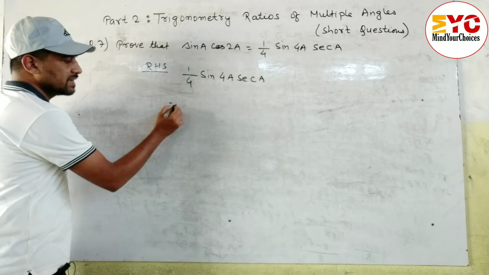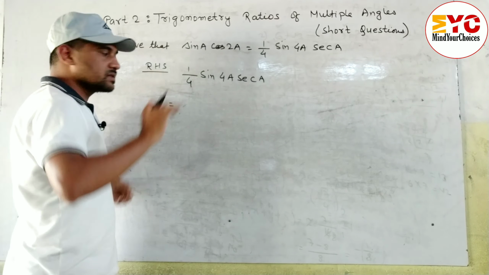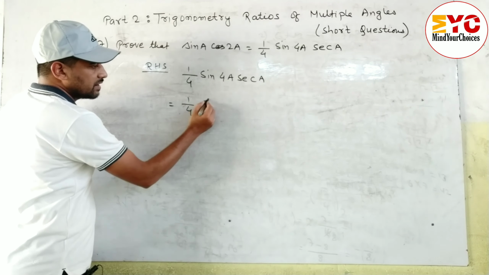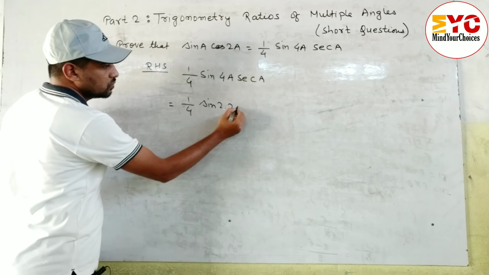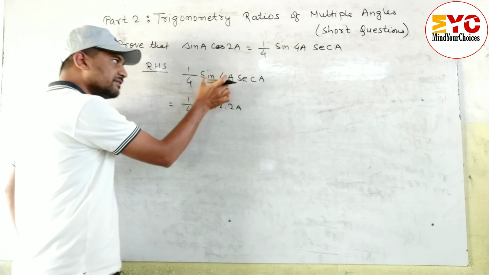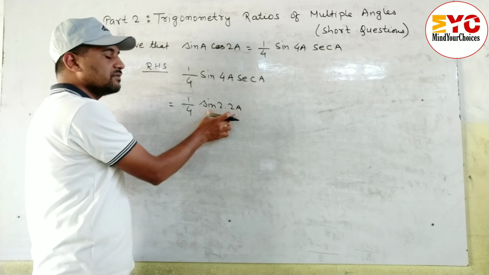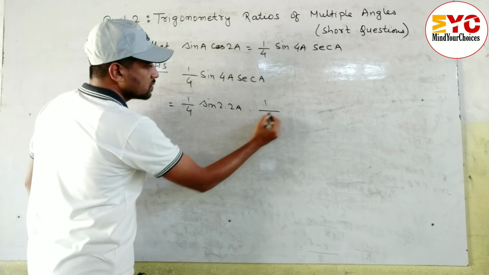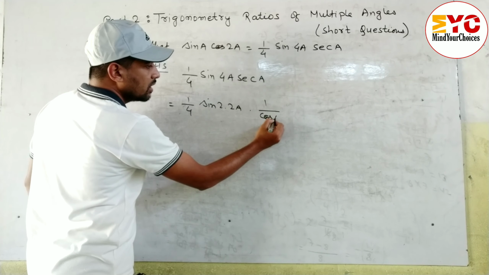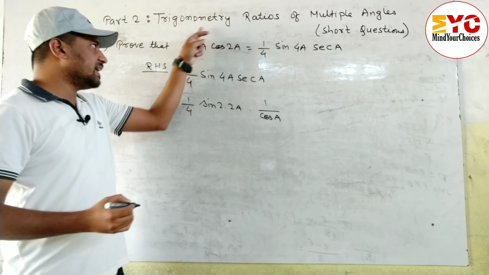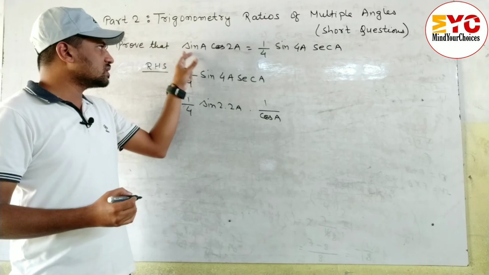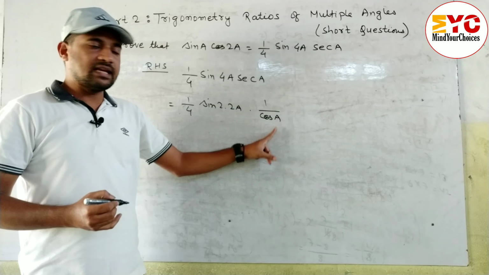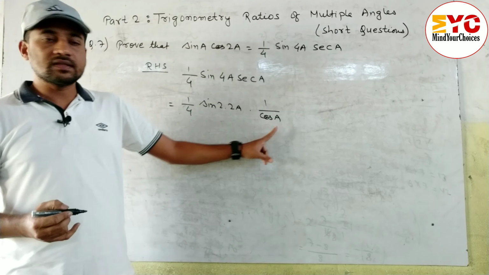So we can reduce, but we cannot increase. 1 by 4 sin 4A, we can write as sin 2 into 2A. And sec A we can write as 1 by cos A, because in the LHS there is no sec A.